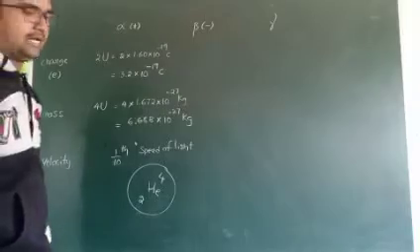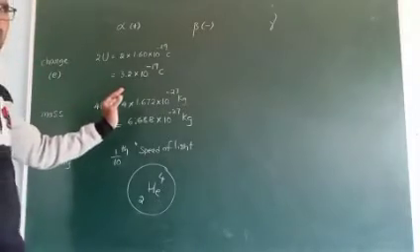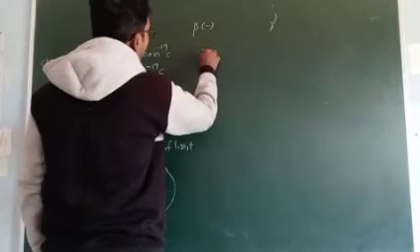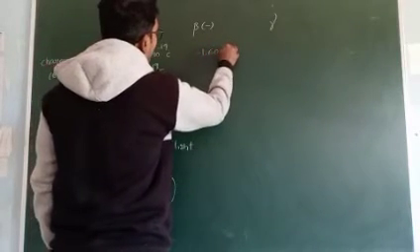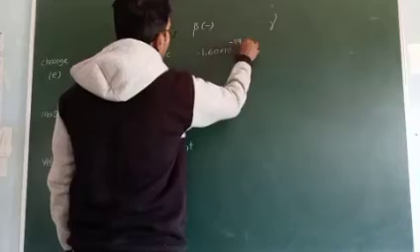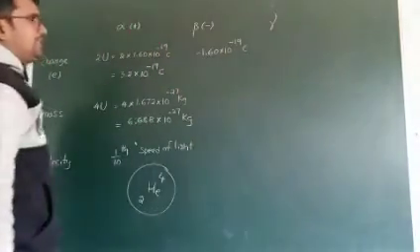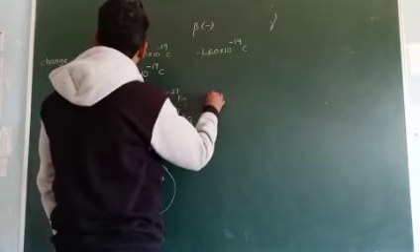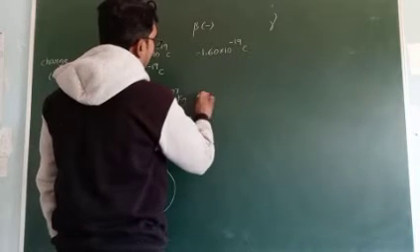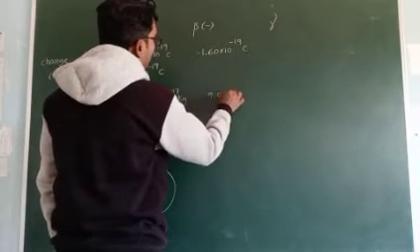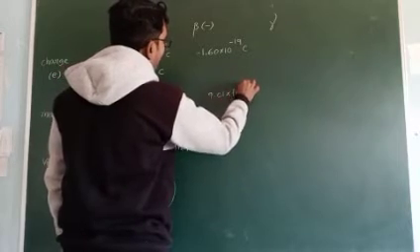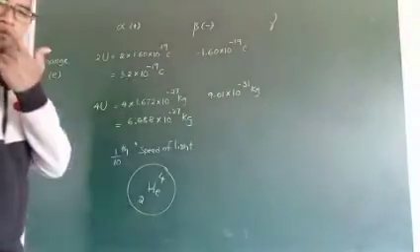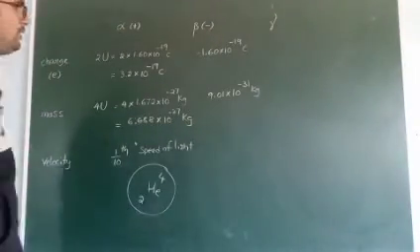Now what about beta? What is the charge of the electron? The same charge value for the beta particle, that is minus 1.60 into 10 to the power of minus 19 coulombs. And what is the mass of the electron? We know that 9.1 into 10 to the power of minus 31 kgs, same value.